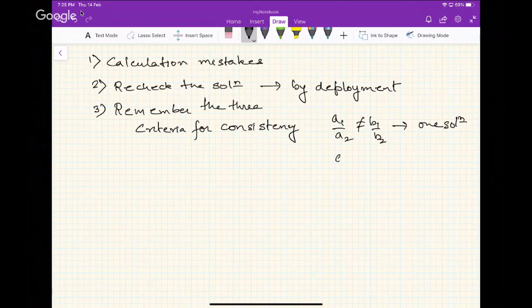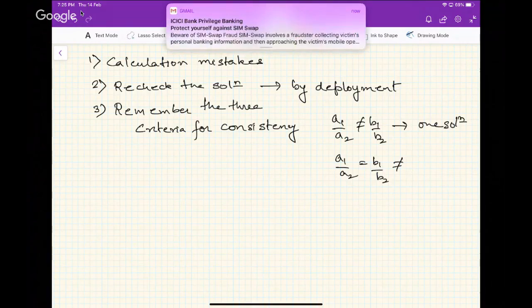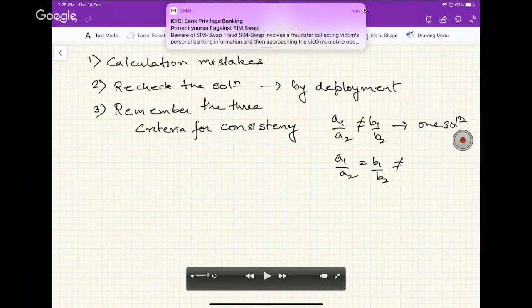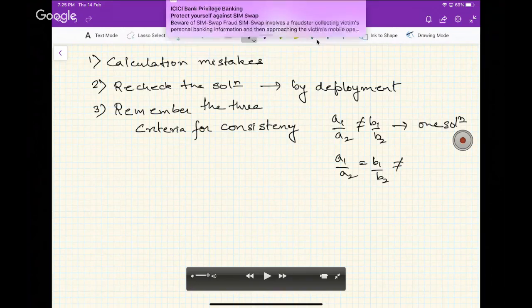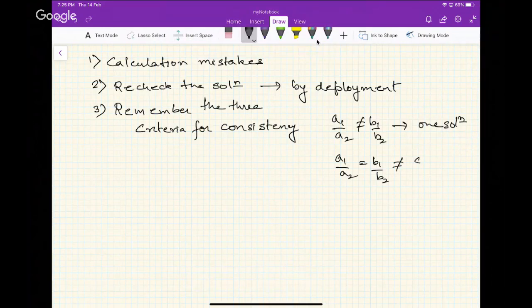Then A1 by A2 is equal to B1 by B2 is not equal to C1 by C2: this is parallel lines, or inconsistent.